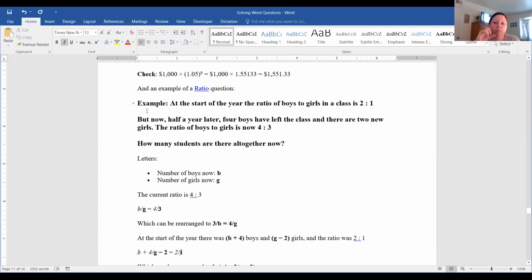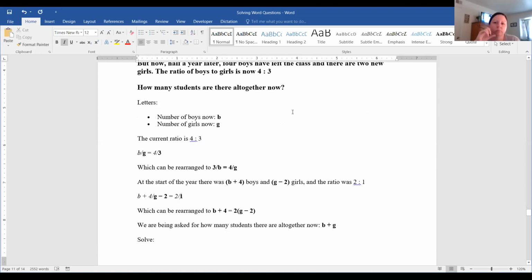A year and a half later, 4 boys have left the class, and there are 2 new girls. The ratio of boys to girls now is 4 to 3. So there are 4 boys for every 3 girls. How many students are there altogether now?